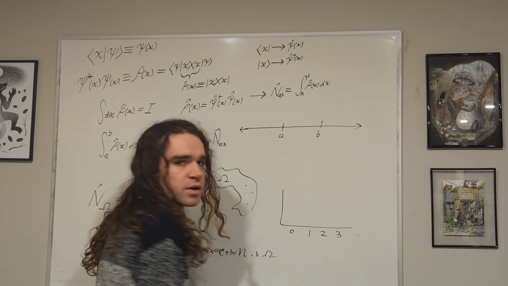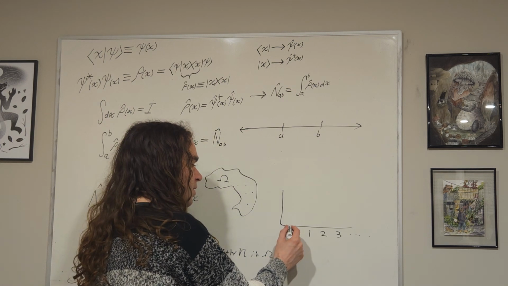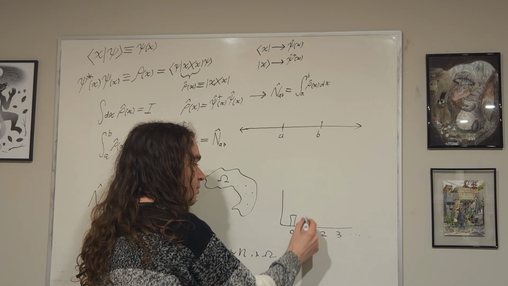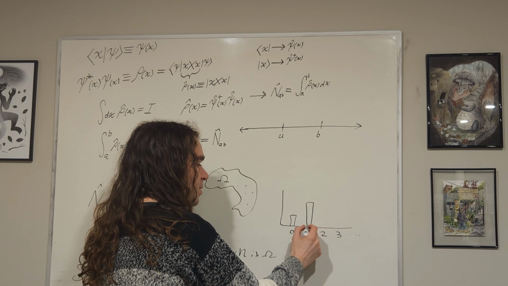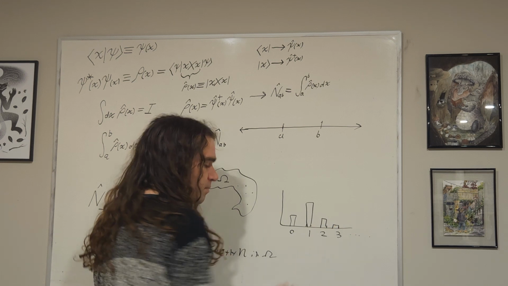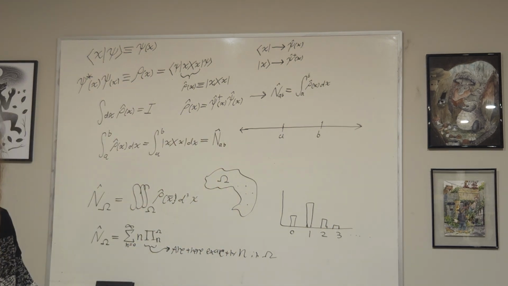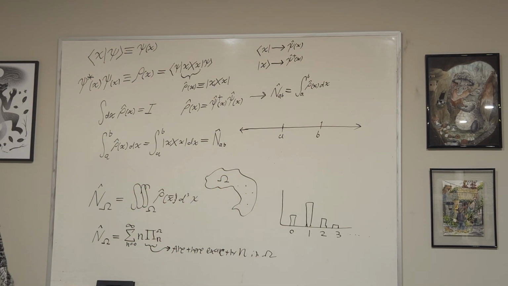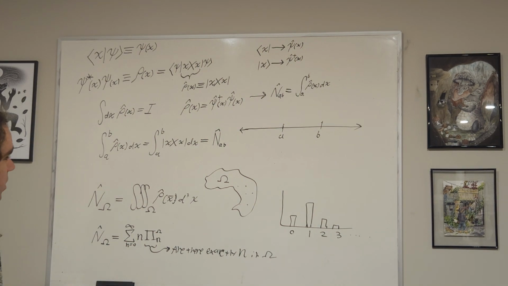There's got to be some number of particles in there. If I check how many particles are in omega, I want to know what exactly the probabilities are of the different outcomes. And you can check that using these projection operators.